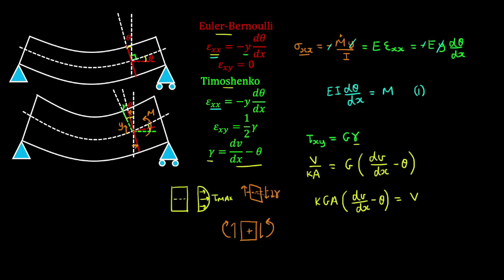And we had counterclockwise angles as positive, so therefore a positive shear couple would cause a negative shear deformation, whereas a negative shear couple would cause a positive shear deformation. So therefore we can rewrite this expression as follows.